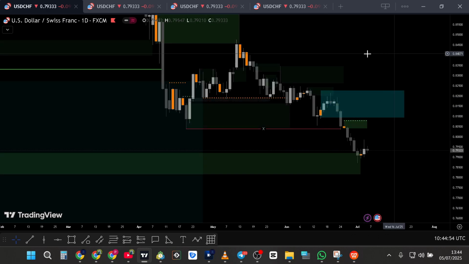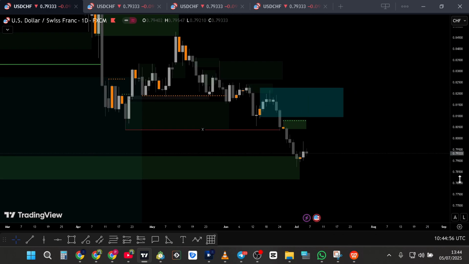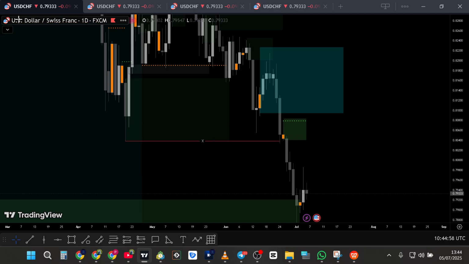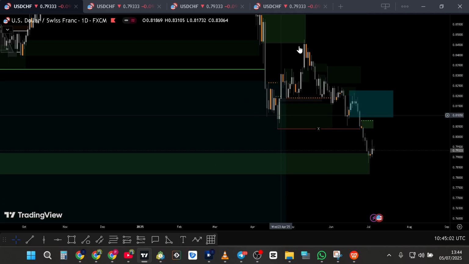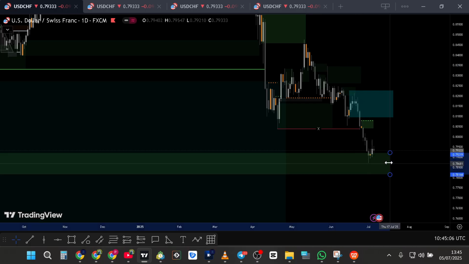So as you can see now, I'm expecting at least that break of structure, the green one. We can see that price pushed again lower to this daily POI.